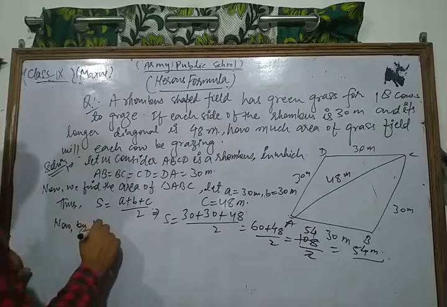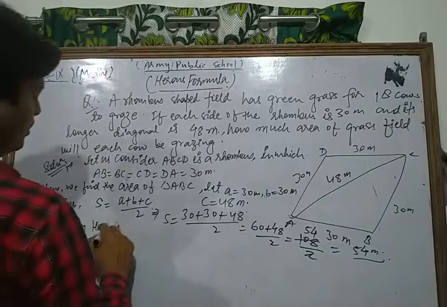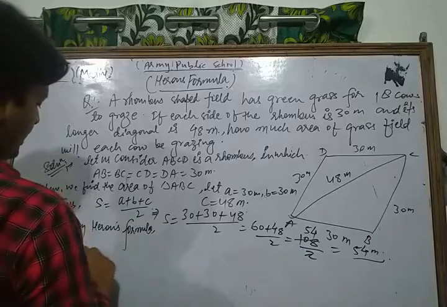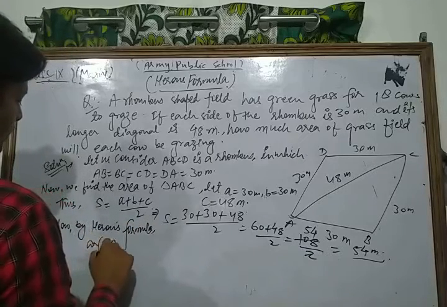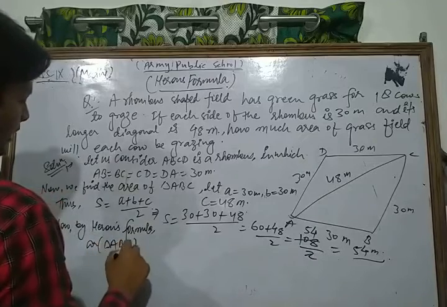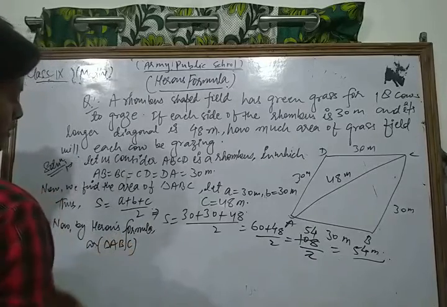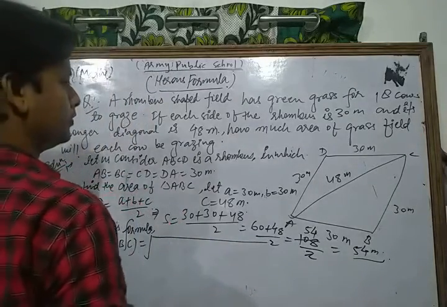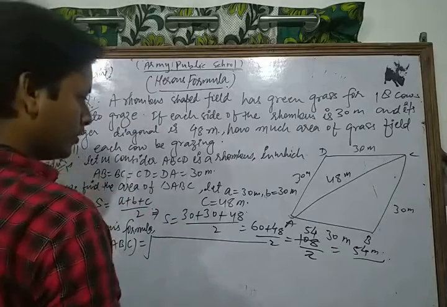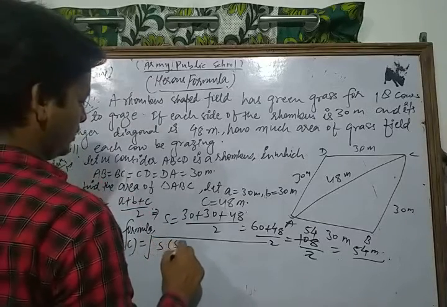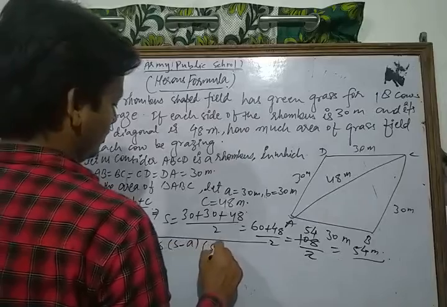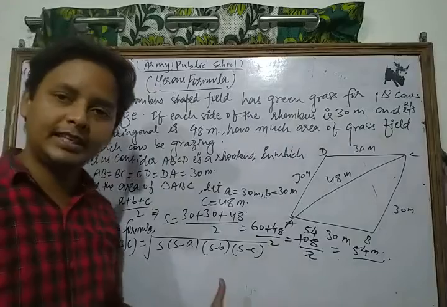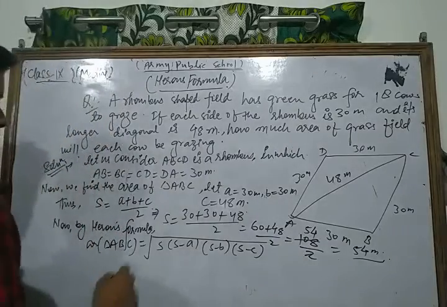Now by Heron's formula, area of triangle ABC is equal to under root S into S minus A, S minus B and S minus C. Now we put each and every value in that formula.